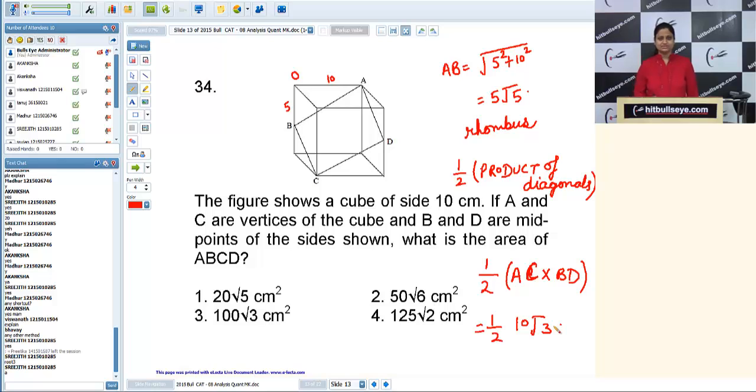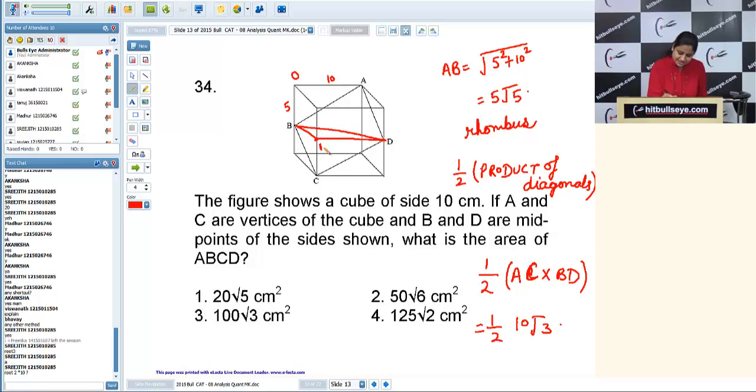Now we will calculate BD. How can we calculate BD? BD is not the body diagonal. Now, how can we calculate this shape? See, we'll draw perpendicular from these 2 points. Definitely B was the middle point. So this new point is again a middle point. Can you say this? So BN will be nothing but 10. ND will be 10.